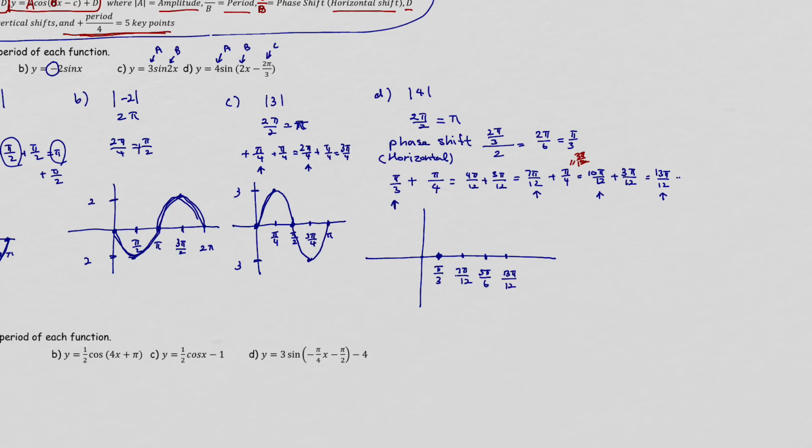And we are adding another 3 pi over 12 to find the last 5th point. This is going to be 16 pi over 12. And when you reduce that, it will be 4 pi over 3.